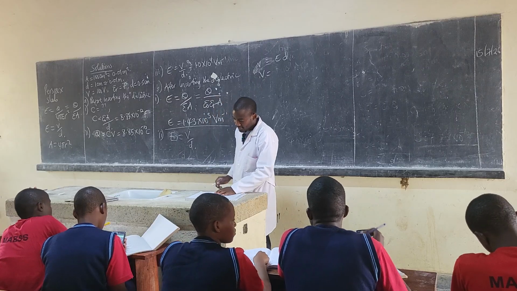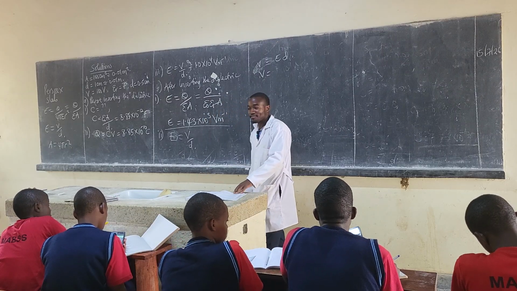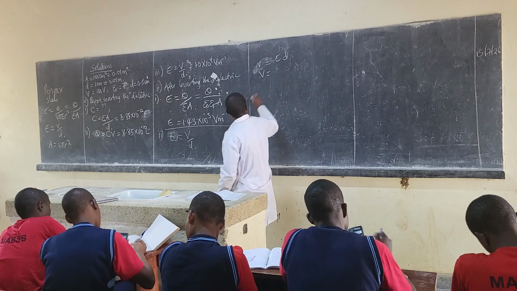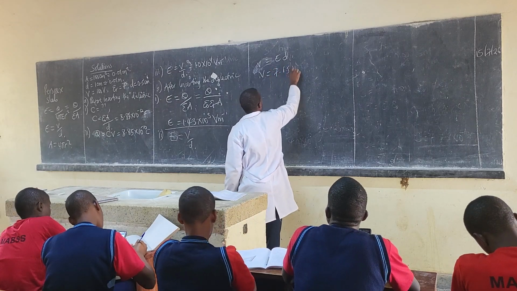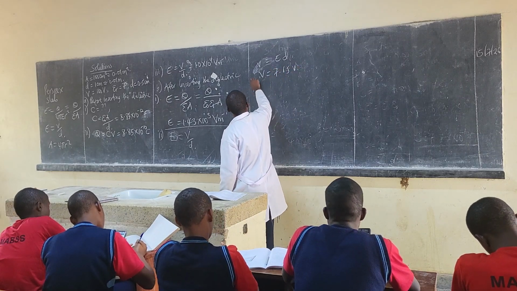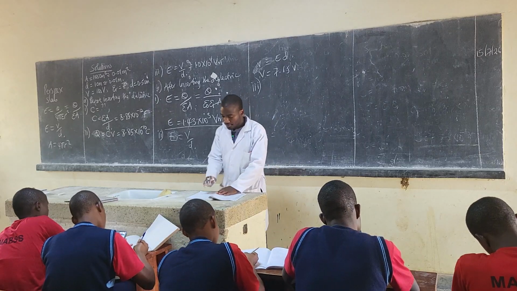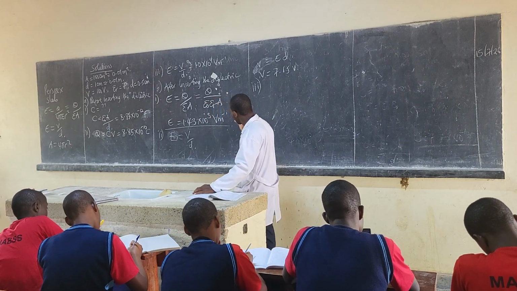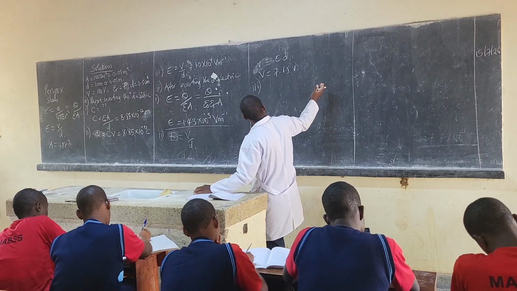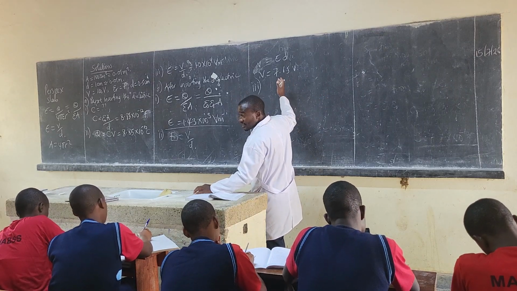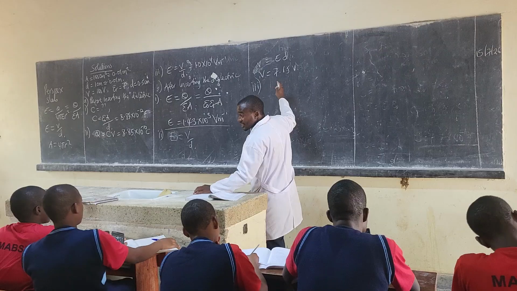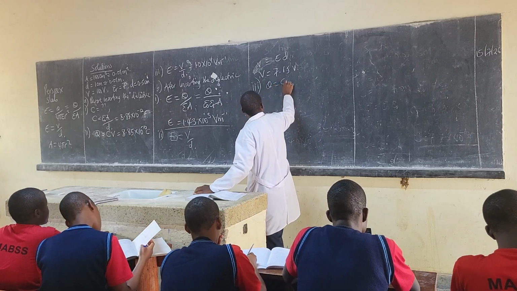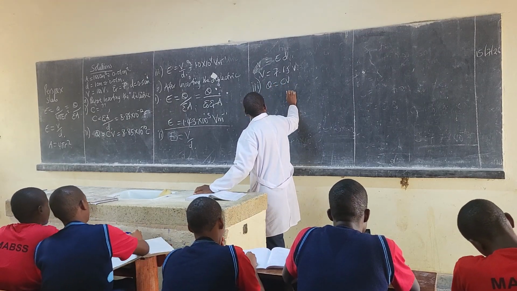700. I have 7.15. Then Roman 3 is asking for the capacitance, which you can get either way. Q equals CV. Q can be CV, isn't it?